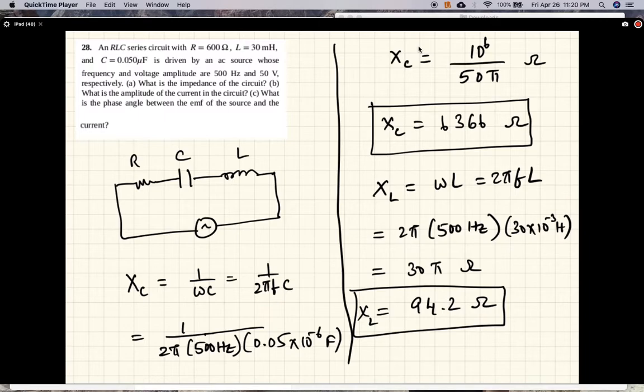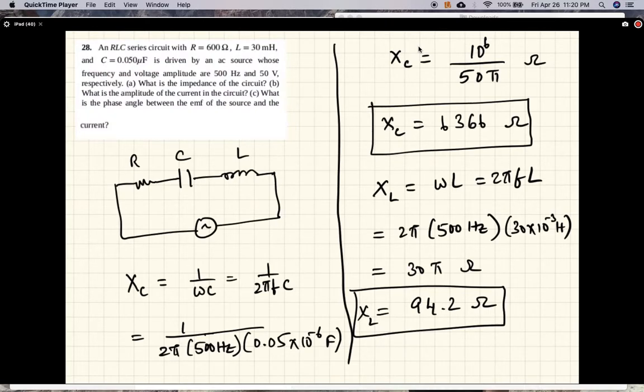Okay, what is the impedance of the circuit? So let's calculate the impedance of the circuit. Z is the square root of R squared plus XL minus XC squared.